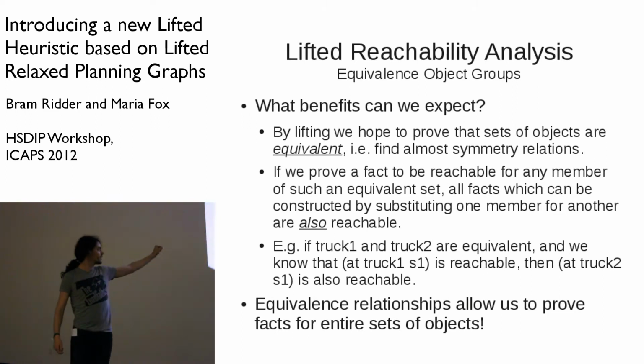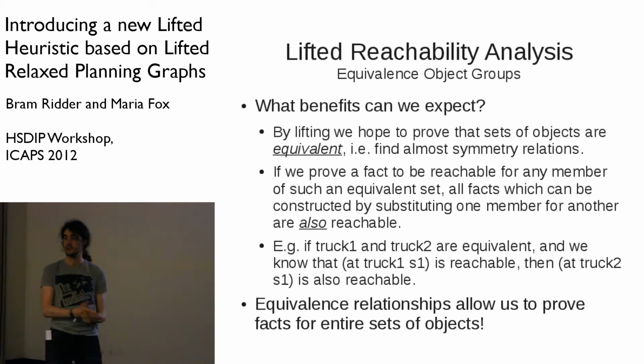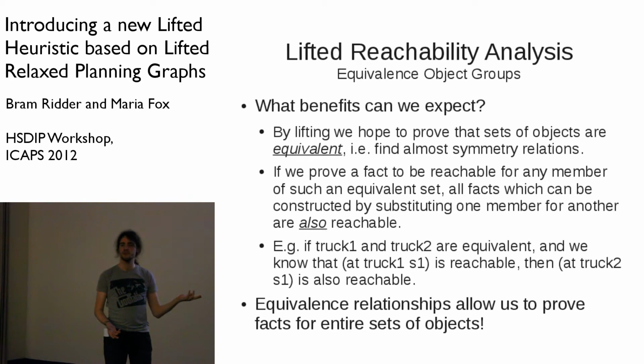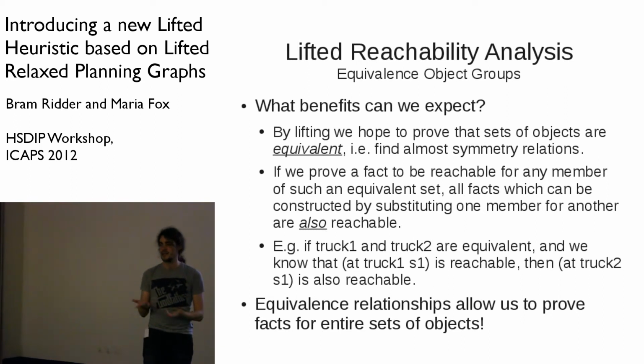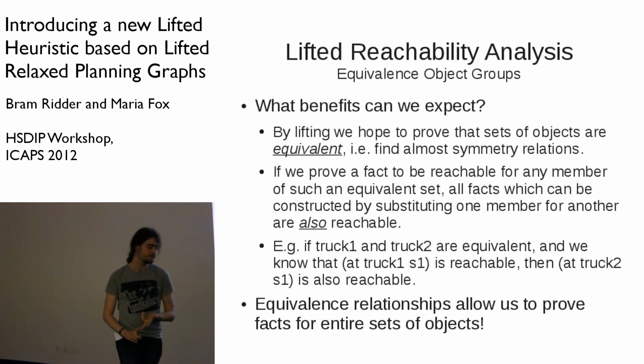For example, if you've got truck 1 and truck 2, and you prove them to be equivalent, and a fact is true for one of them, say at truck 1 S1 is reachable, we know the same holds for truck 2 without an explicit operator making this fact true. By using this technique, we produce the same output as in the grounded case of the relaxed planning graph. So we can generate the same outputs quicker and more memory efficiently.